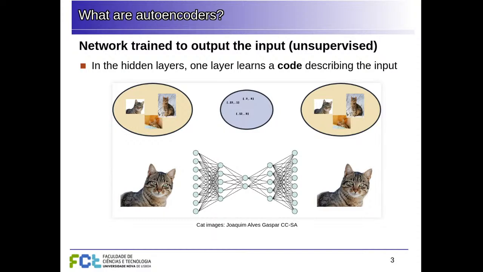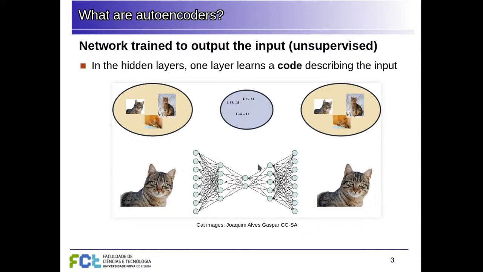And the idea here is that even though the network is not doing anything useful, because we put in an image of a cat and we get out the same image of the same cat, ideally what we are interested in is what happens inside the network. Remember that deep learning works by training a deep neural network to create different representations of the data along the different layers in order to fulfill some purpose, for example classification or regression, those examples that we saw before.